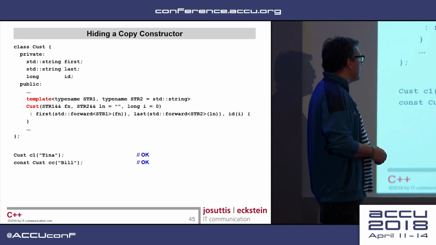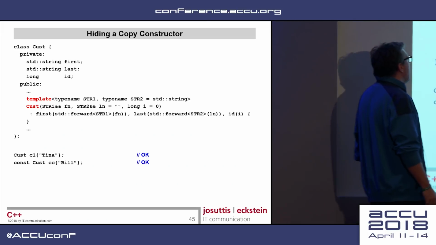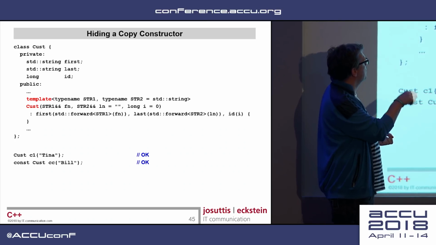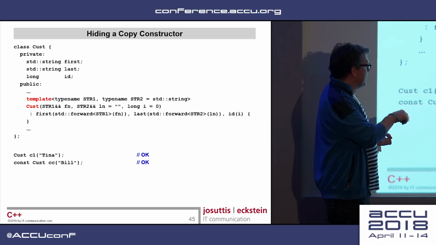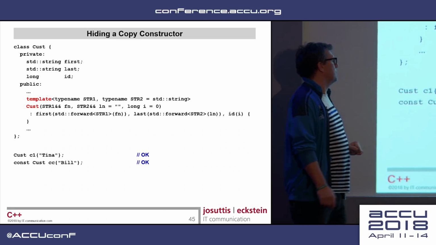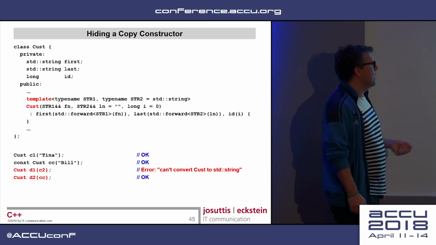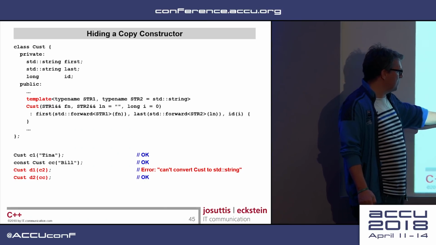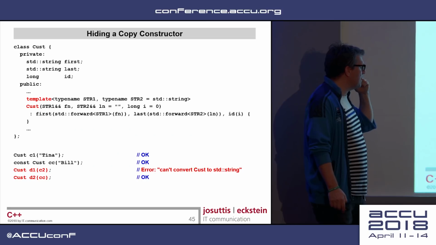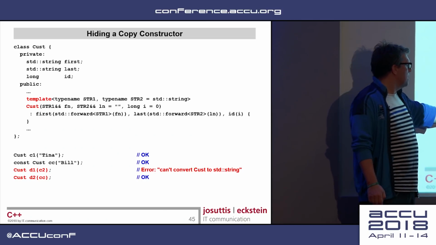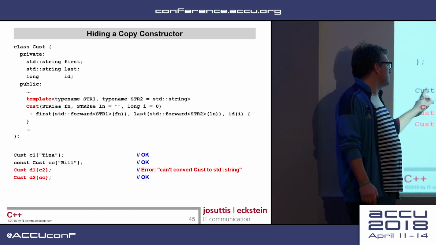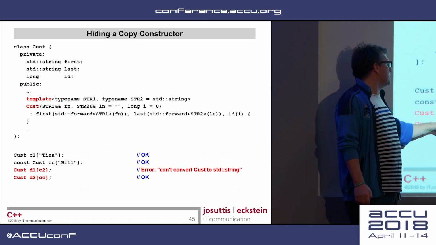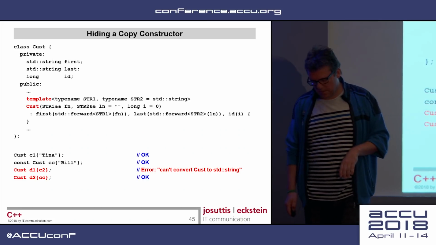And to the surprise, you can initialize it with something that converts to a string, or with a const customer, but a non-const customer, C1, can't be used to initialize a new customer, while a new customer can be initialized by a constant customer.